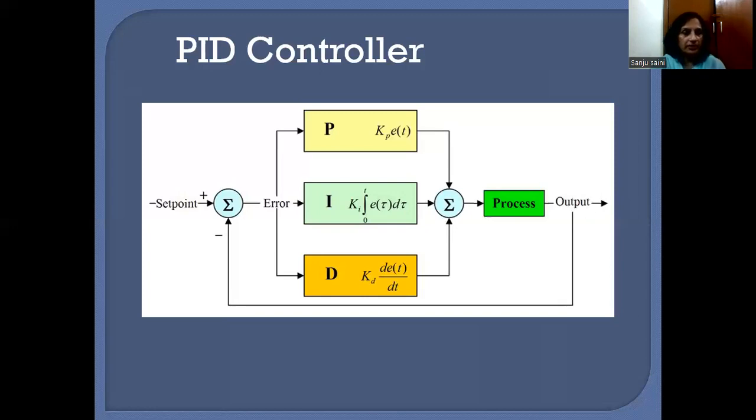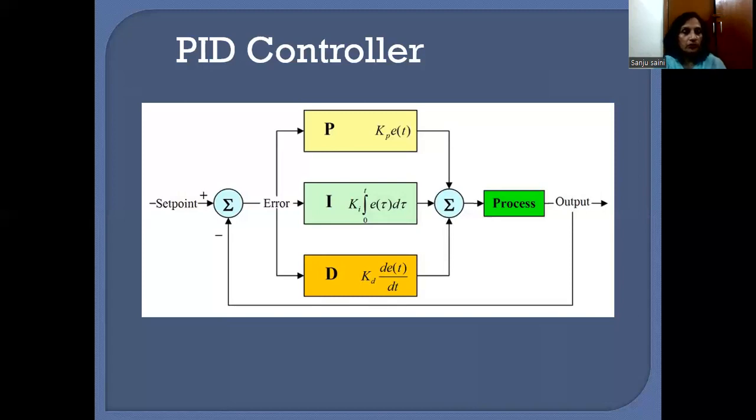Because in case we just take into account the instantaneous error, like in the proportional and derivative control, that error becomes very small as the steady state is reached. So the control action of the P and D components of the controller becomes quite small. So that cannot bring the system to the desired set point.